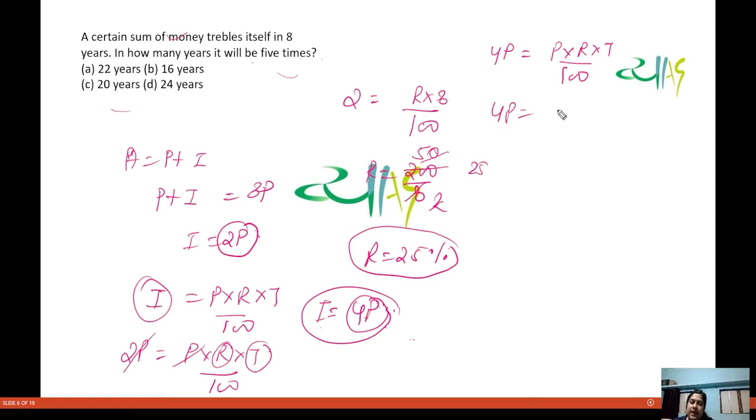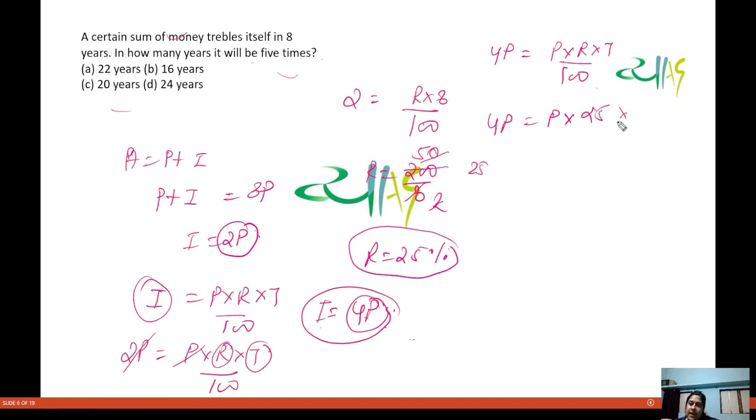So 4P is equal to P into R, and this R is how much? 25%. Sorry, time is not given to us. Sorry, by mistake, please pardon me. So this is 4P, this is P, and this is R. R came to be 25%.